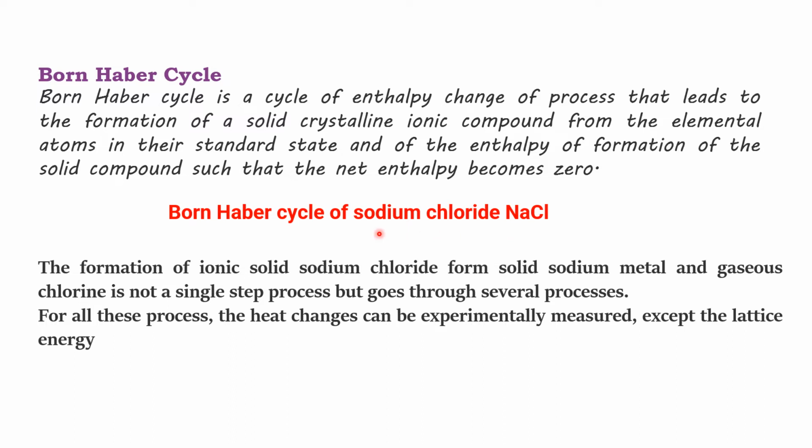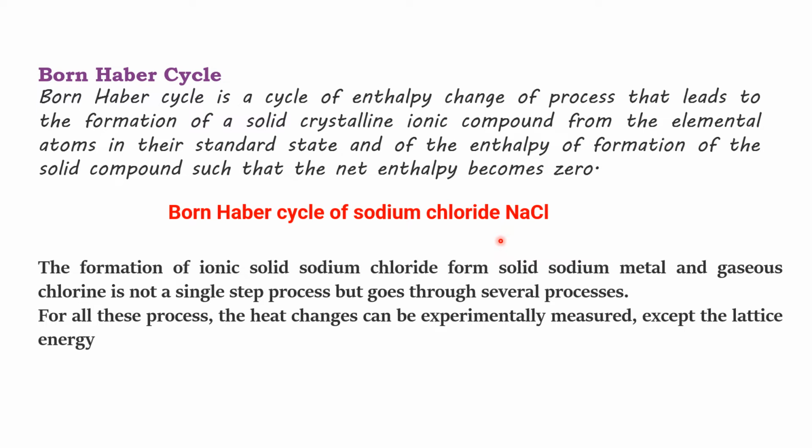So, for the formation of sodium chloride, we have to consider different processes from which a sodium atom is converted to Na plus cation in the gaseous state. Similarly, from chlorine molecule, we have to move to chloride ion.